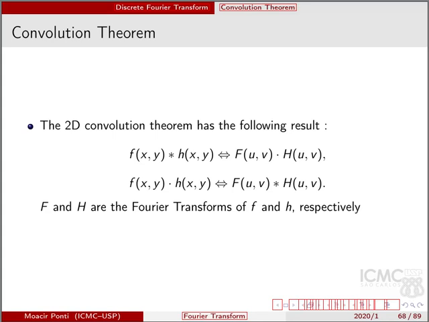One of the main reasons why the discrete Fourier transform is a popular tool for image processing is the convolution theorem. This result says that instead of having a convolution performed in the space domain, as we have seen in the lecture about filtering in the space domain, we can instead perform a point-wise product in the Fourier domain.